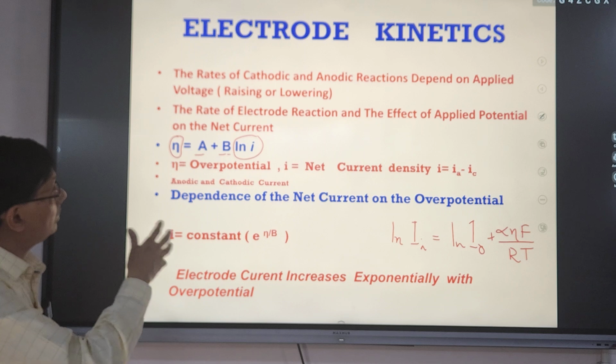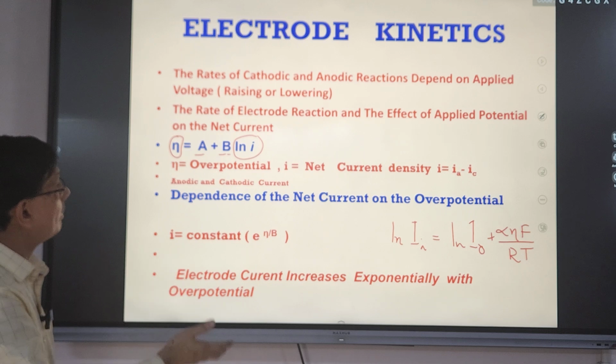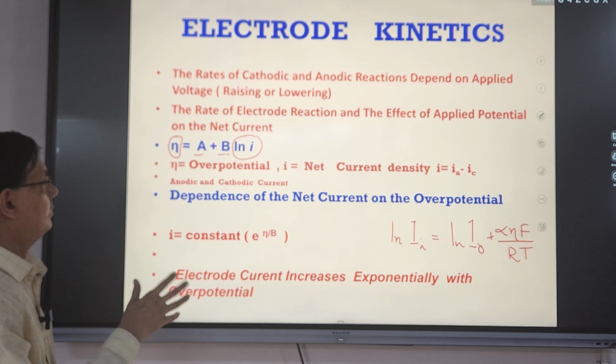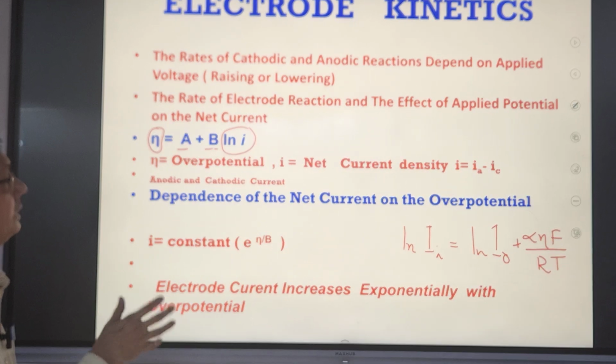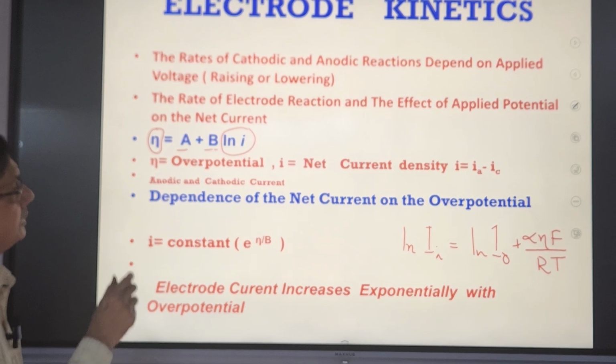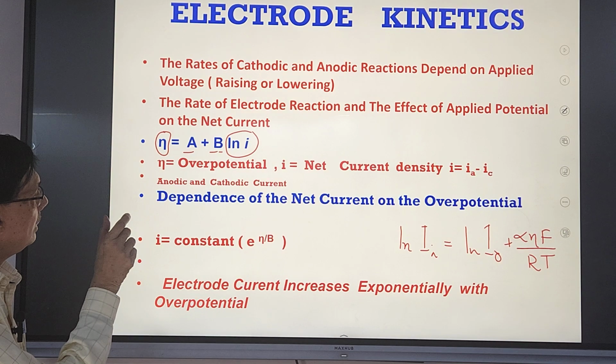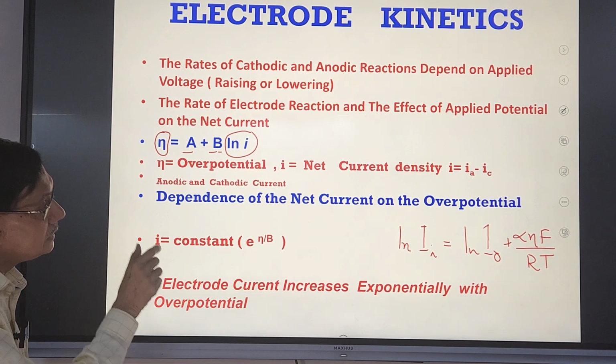So the rate of electrode reaction and the effect of applied potential on the net current is the main thing. And why is it called the net current density?